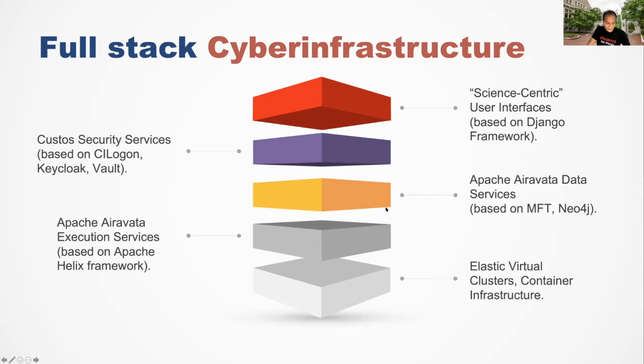As we can imagine, doing this execution and integrating with these resources and various data sets requires a very fine-grained, detailed security infrastructure. That's a project by itself within the Airavata ecosystem called Custos.